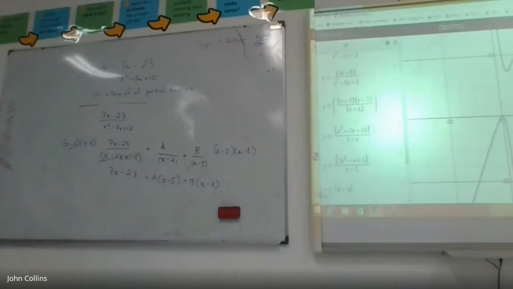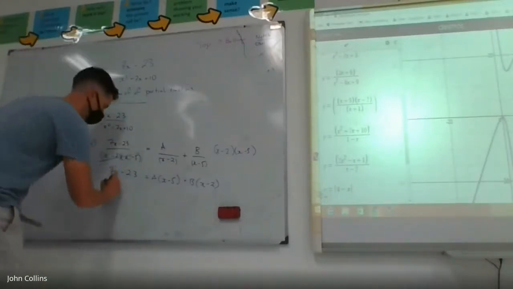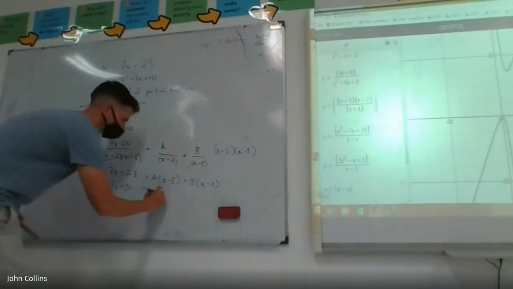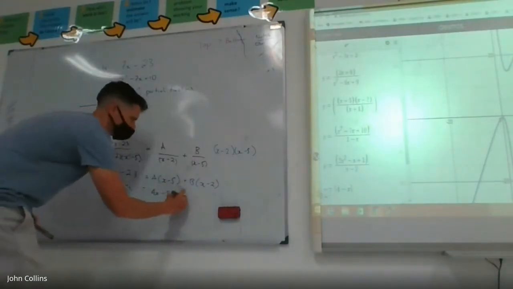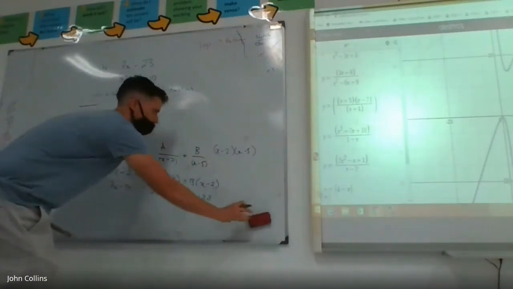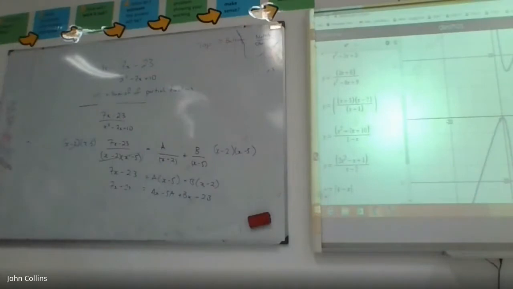So we're set up with some calculations. There's no denominators anymore, it's just straightforward algebra. Multiply out my brackets: Ax minus 5A plus Bx minus 2B. We had questions very similar to this when we did coefficients of polynomials. The coefficients of this side must be the same as the coefficients of this side if they equal each other. So I can split it up.